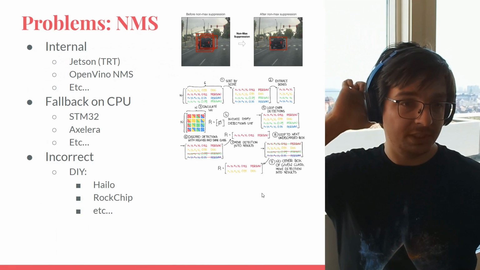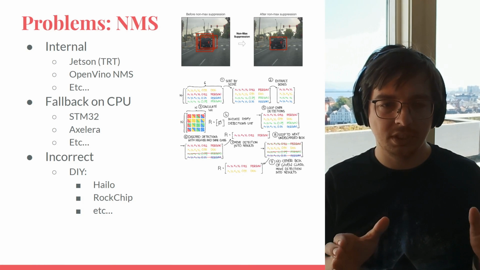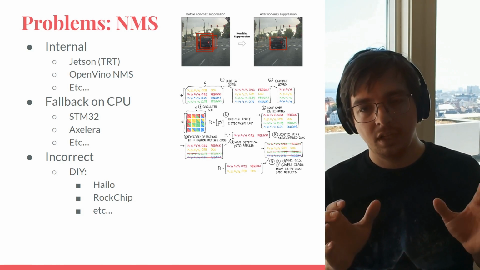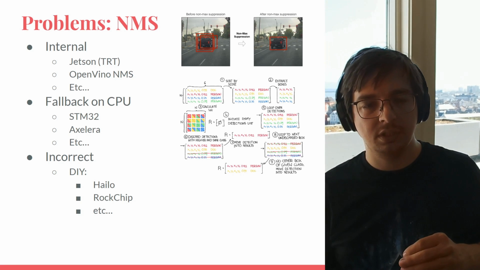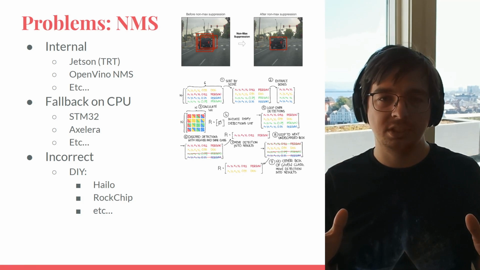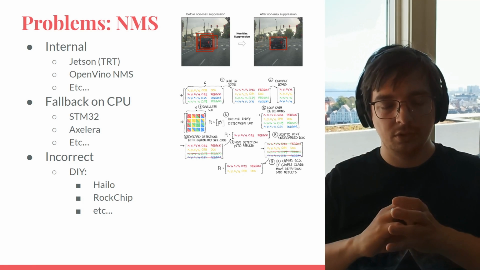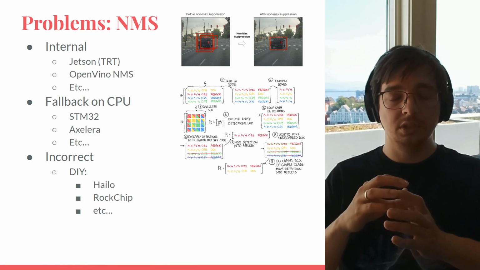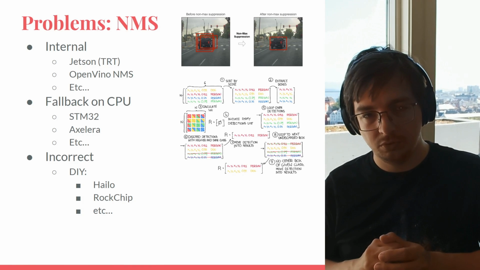Okay, as I already mentioned, there are a lot of problems with different layers during your inference, and the main problem, of course, is NMS, because for all the logic performed inside of the model, you just can't run this on an NPU chip.